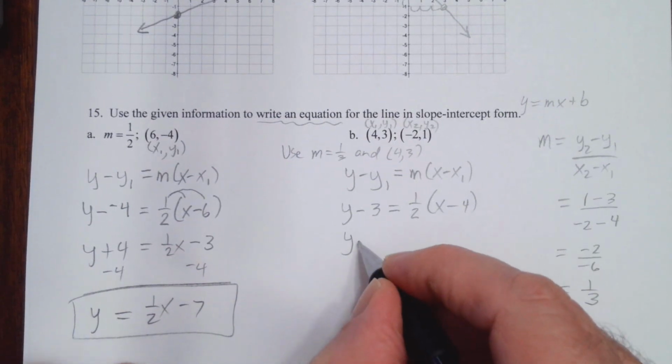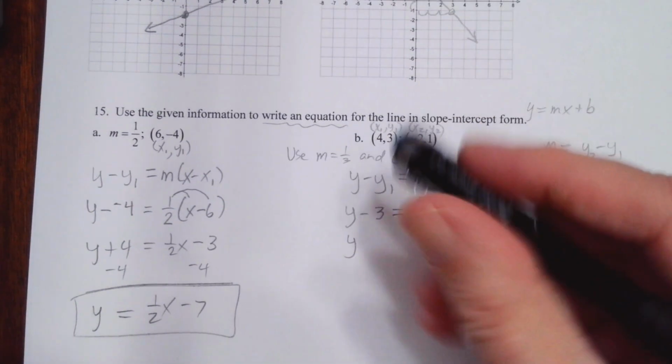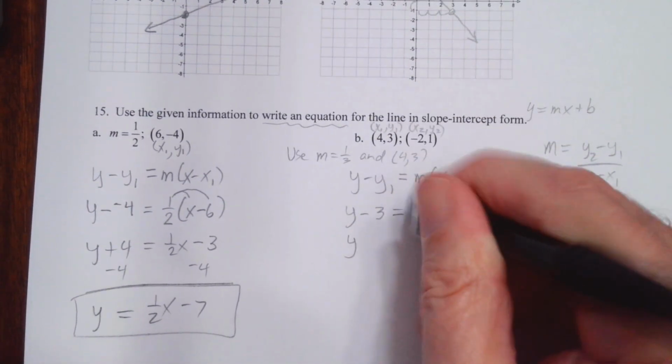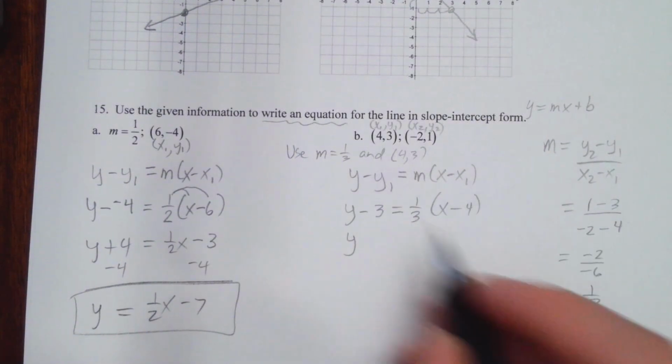So we have, hold on just a sec, a little behind here. Oh, I see what I did. I knew something wasn't right. I've done this a few times. This is a slope of 1/3 is what we had said.